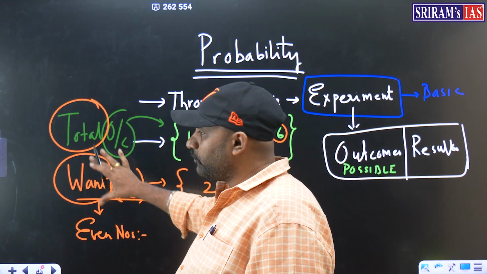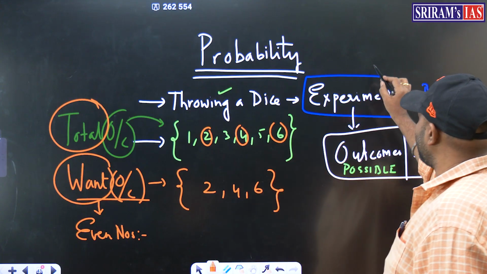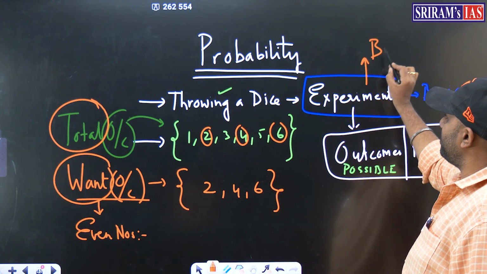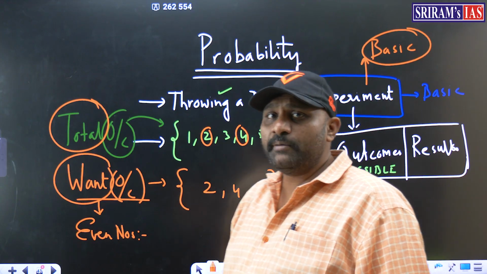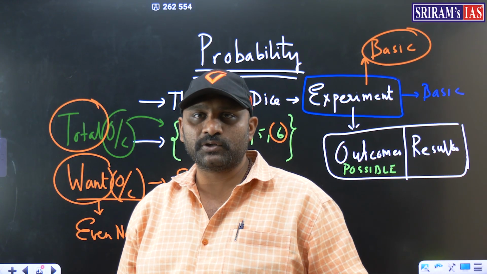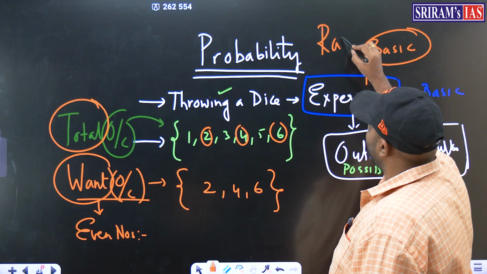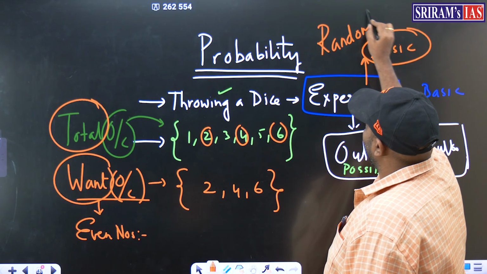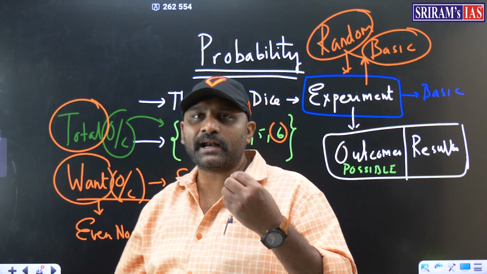Therefore, there are two different kinds of outcomes coming from the basic experiment. The experiment is called the basic experiment. In some textbooks, this basic experiment is also called a random experiment. Why do I call it a random experiment?